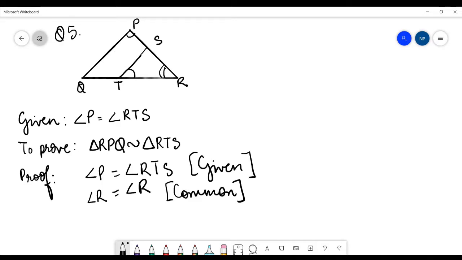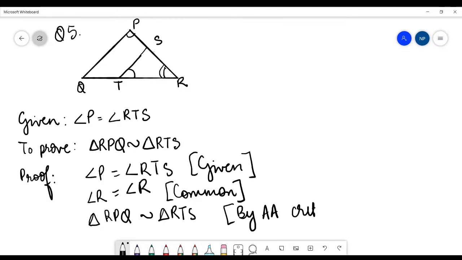So by double A similarity criterion, we can say that if two angles of one triangle are respectively equal to two angles of another triangle, then the two triangles are similar. Therefore, we will write triangle RPQ is similar to triangle RTS by double A criterion. Hence proved. This completes your question number 5.